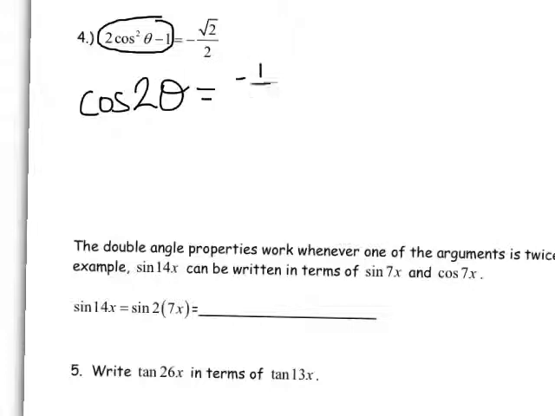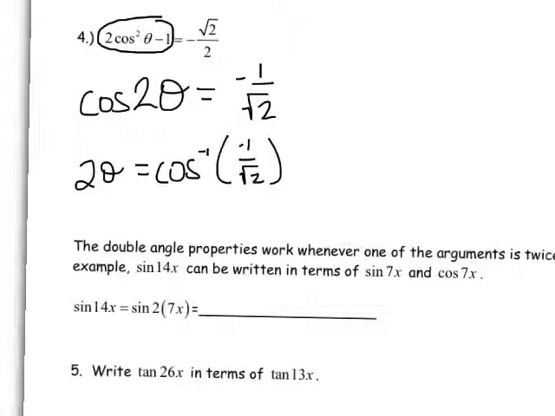I'm going to go ahead and change that to negative 1 over root 2. All right, so I can inverse cosine. My answer from here, well, I actually have the answer in quadrant 2.